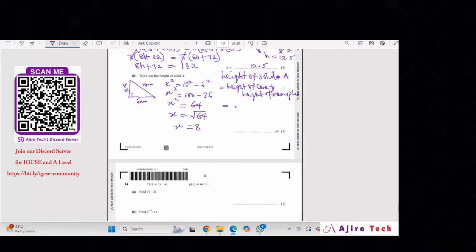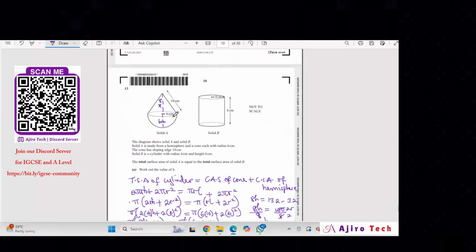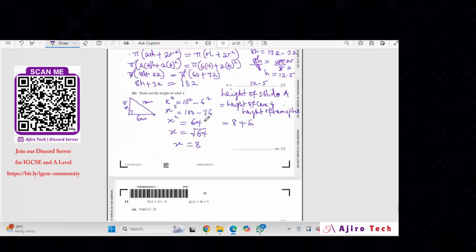So the height of the cone is 8 plus the height of hemisphere, which is 6. I told you that before. So 8 plus 6 now will give us 14. So we have 14 there as the height of the solid A.